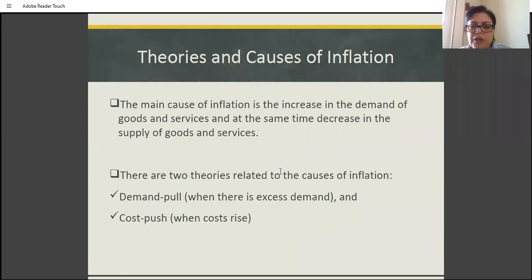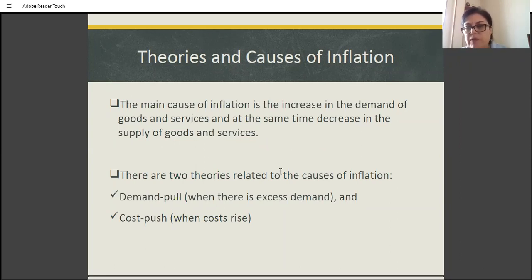So normally, the main cause of inflation is an increase in demand for goods and services, and at the same time, a parallel slight decrease in the supply of goods and services. So any disequilibrium between the supply and demand of goods, basically increased demand and decreased supply, will immediately lead to very strong inflation.